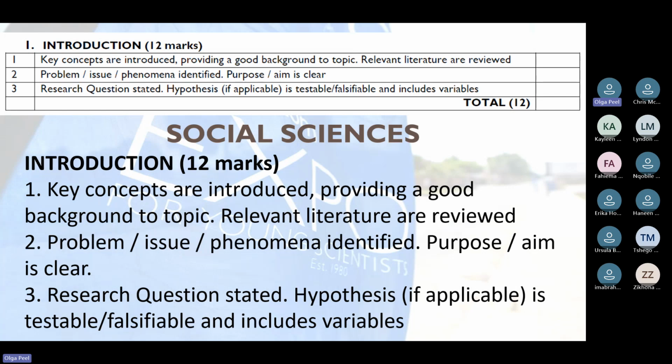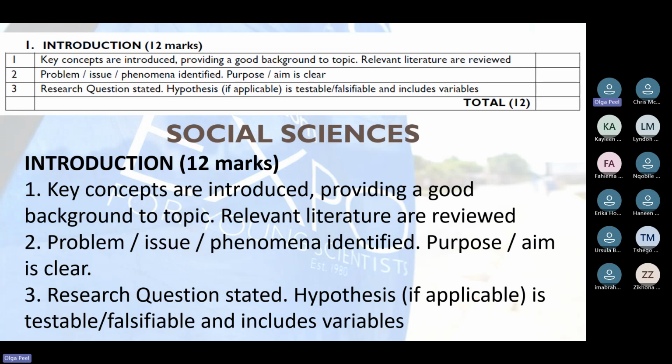So the key concepts are those relative to social sciences and to your project. And of course, you then review the literature. You would identify the problem, the issue, the phenomenon. You would set out the aim or purpose, state the research question and the hypothesis and variables.